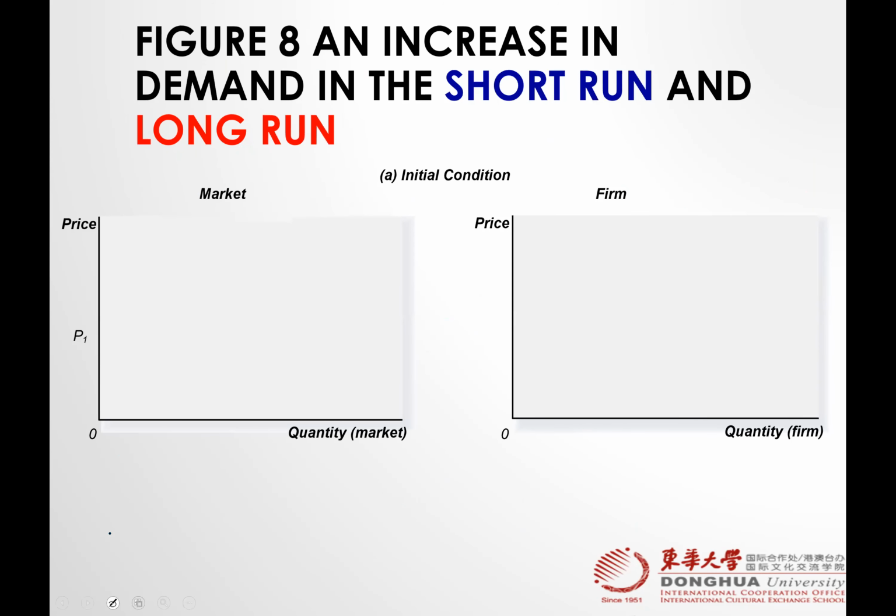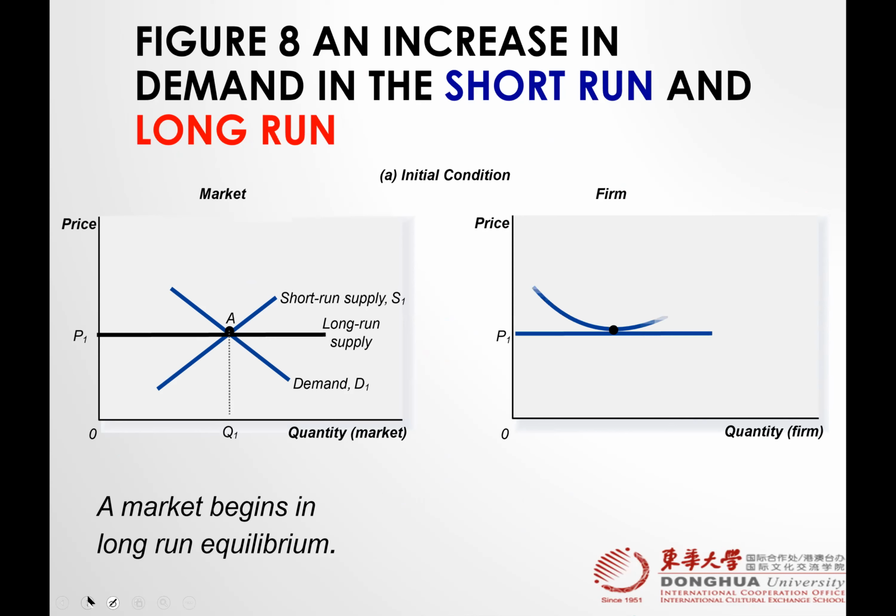So this is the initial condition. Here we go. We have the market, we have the firm. This is the firm structure here, because in the long run, they are earning zero economic profit. So we talk about the single firm here. That is the market condition. In the long run, the supply curve is a horizontal straight line.